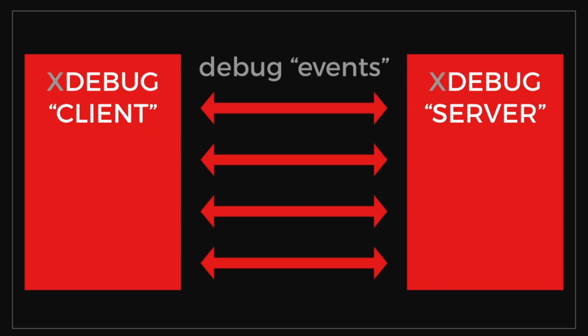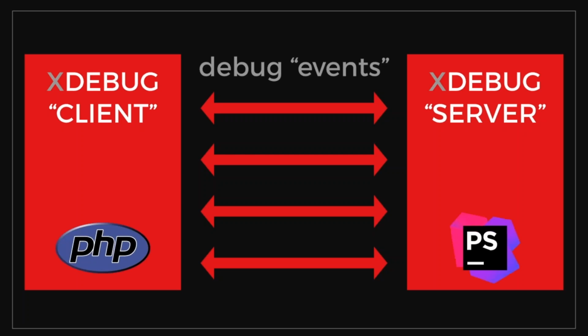The interesting part here is that PHP, in this instance, is the client, and your IDE, in our case PhpStorm, is the server. It's worth remembering that, because sometimes you get confused when you're asking for help and people mention client and server. PHP is the client and PhpStorm is the server in that relationship.